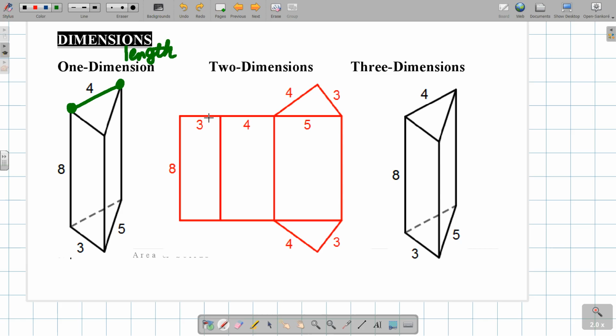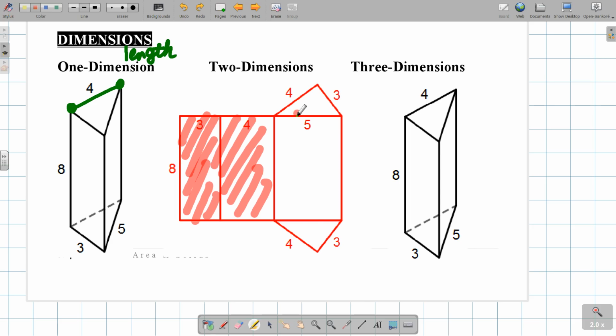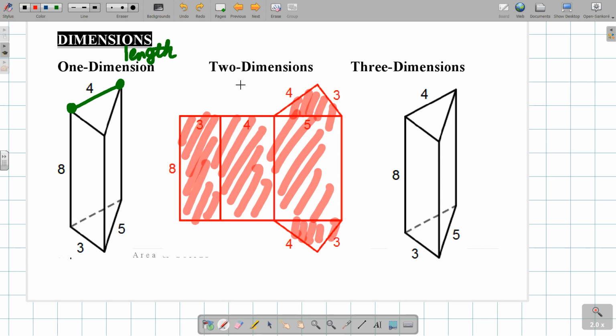Now, if that solid was unfolded like wrapping paper, and you were to find the area of this wrapping paper, so just kind of shade this here. Two dimensions is area. So that would be like finding the area of wrapping paper.